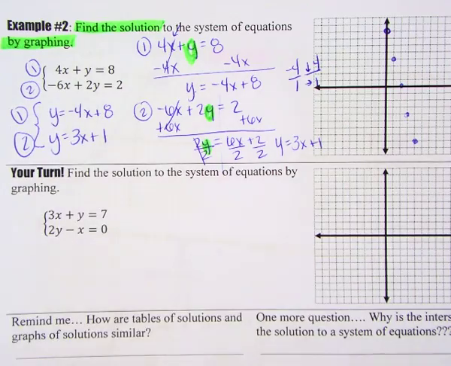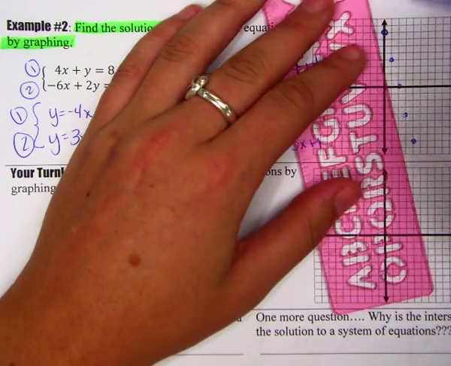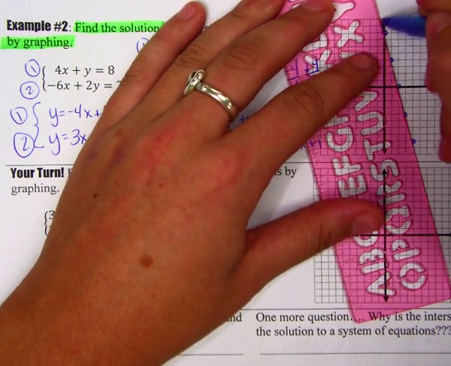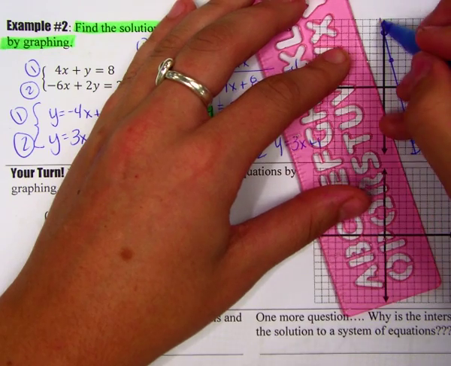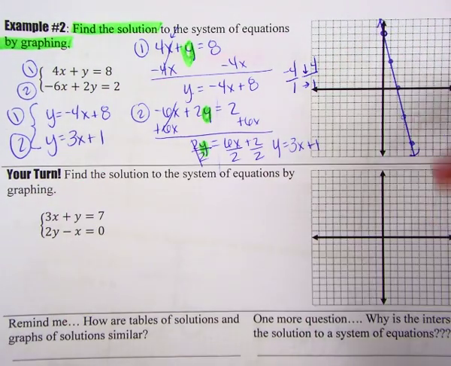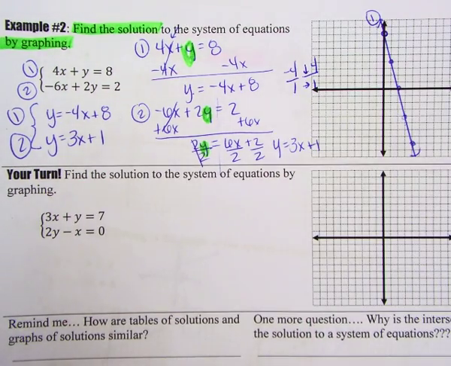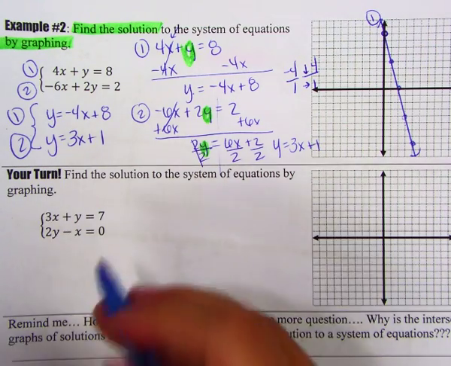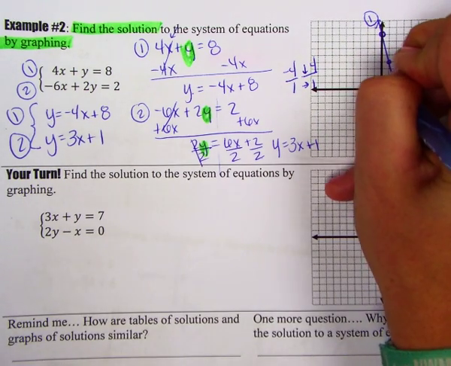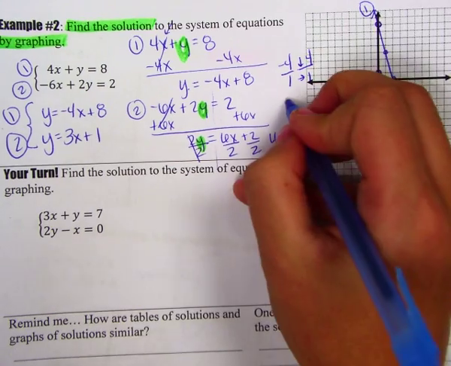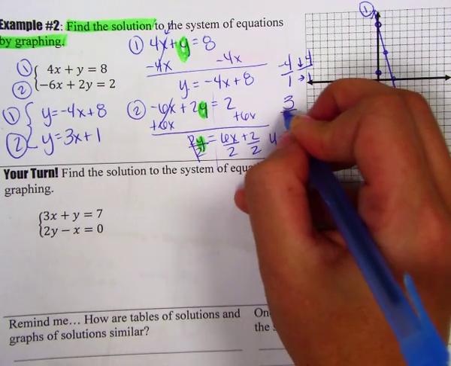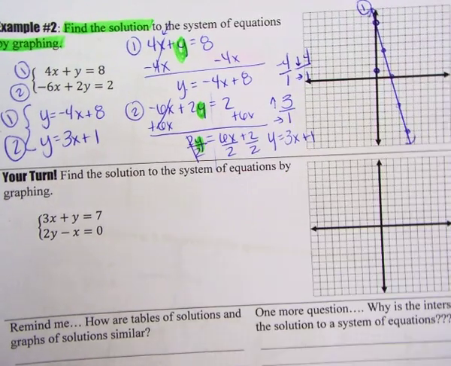And then I'm going to use a straight edge to connect the points. This is equation 1. Equation 2 has a y-intercept of 1. The slope is 3, which means up 3, right 1.